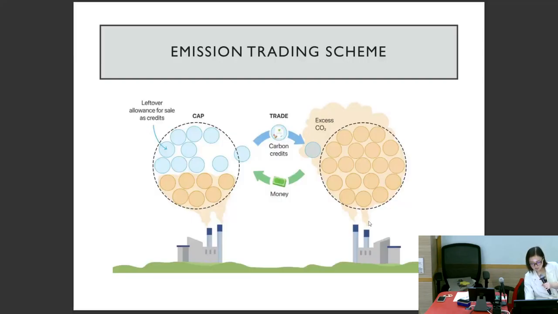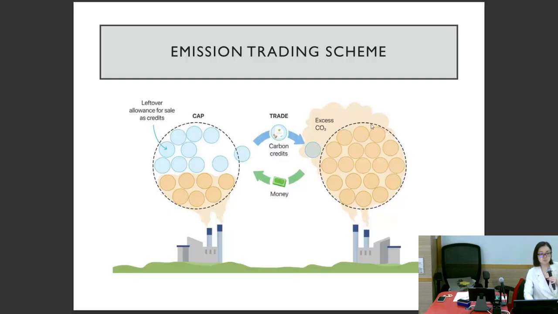And this company is emitting too much greenhouse gas, and the amount emitted is more than the cap. Then they have to buy permits from the market, for example from this company. So these are the extra permits that allow the company to emit greenhouse gas, and maybe they can sell these extra permits to this company.